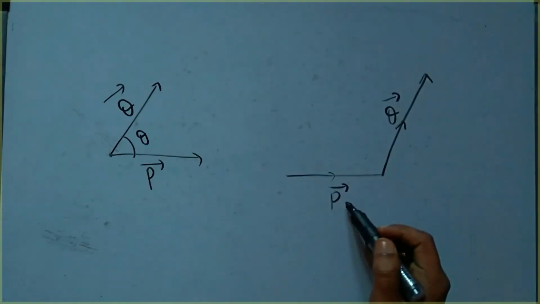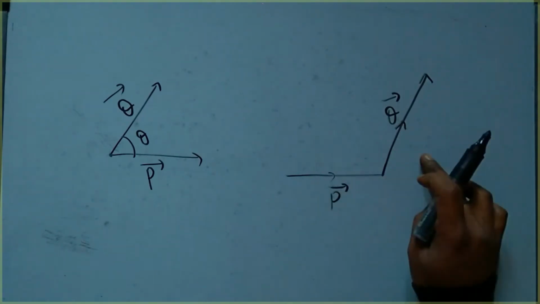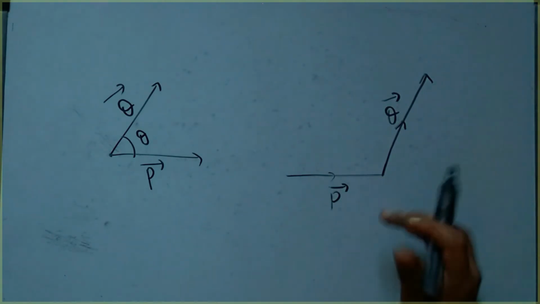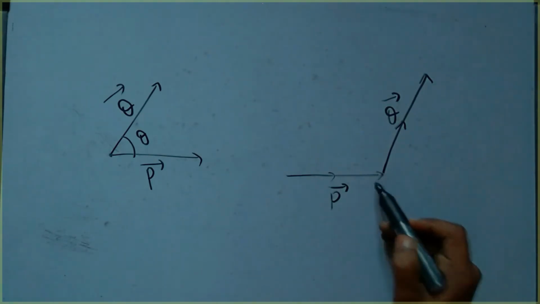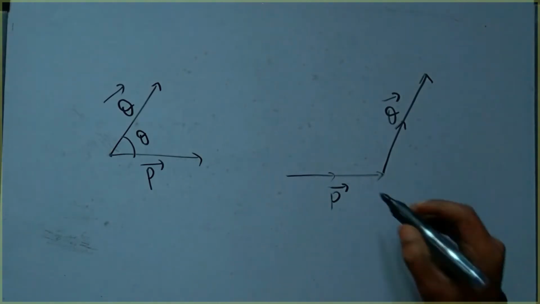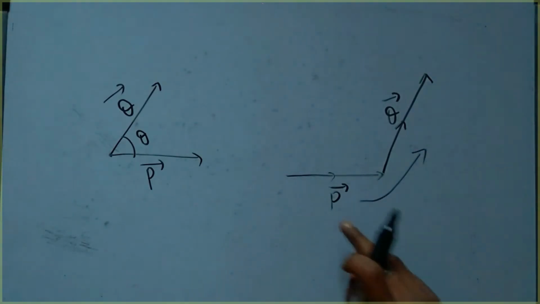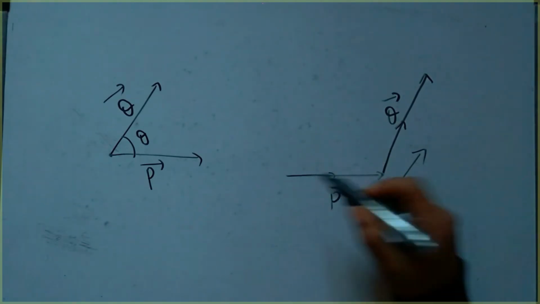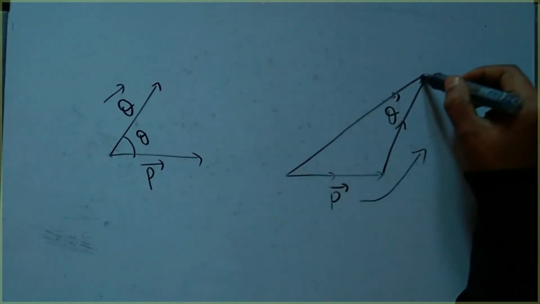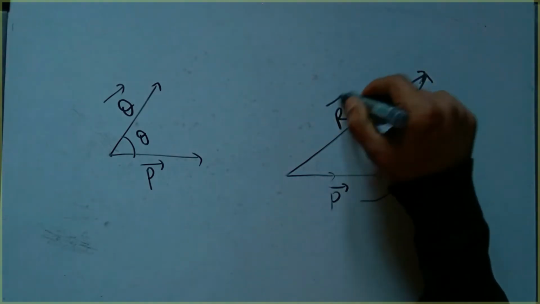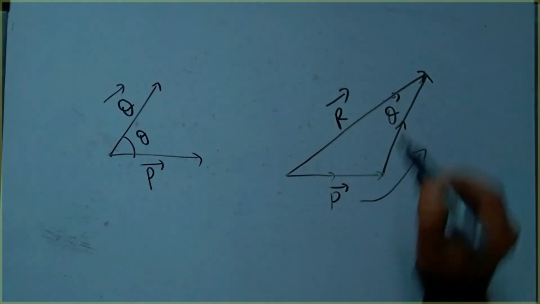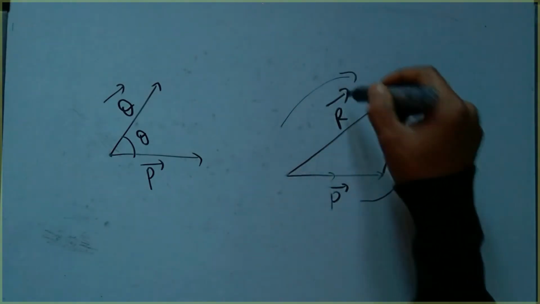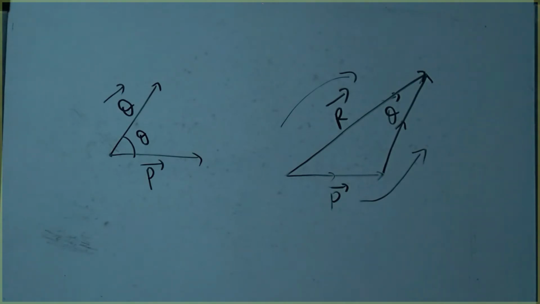If we take vectors P and Q in same order, this vector can be represented as starting at the end of vector P. Now this is taken in the same order, that is anti-clockwise. So by triangle law, the closing side is the resultant of vector P and Q. Now this resultant is in opposite order, which is clockwise.